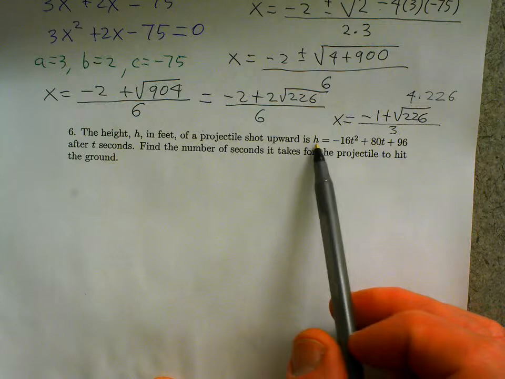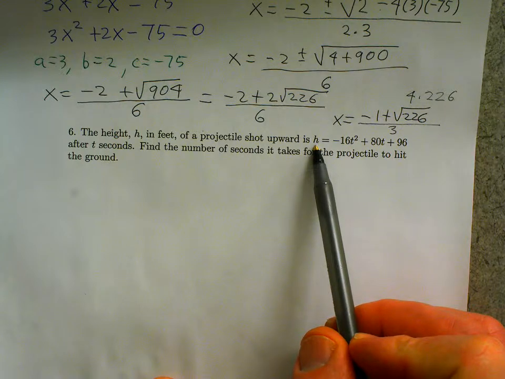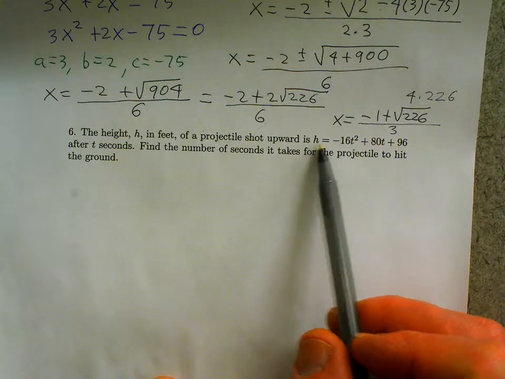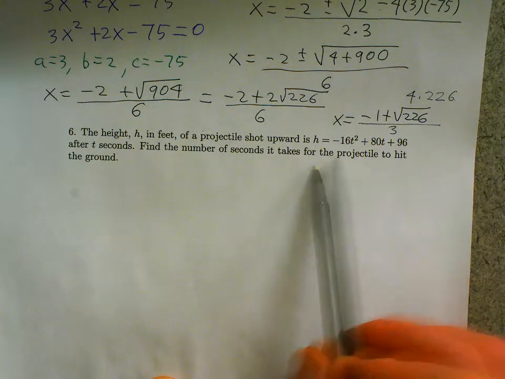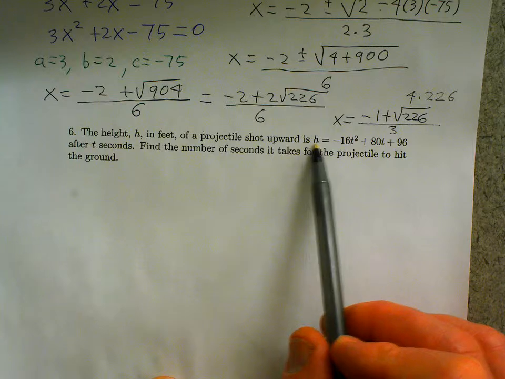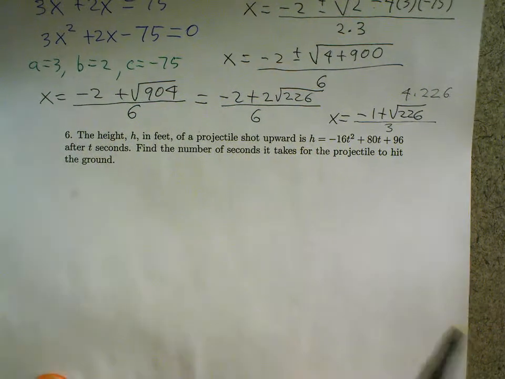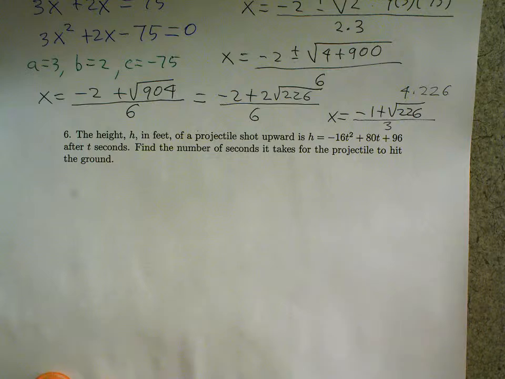Okay, the h is the height of the projectile t seconds after it's fired upwards. And so when the projectile hits the ground, the height will be 0. So that is the key observation in this one.